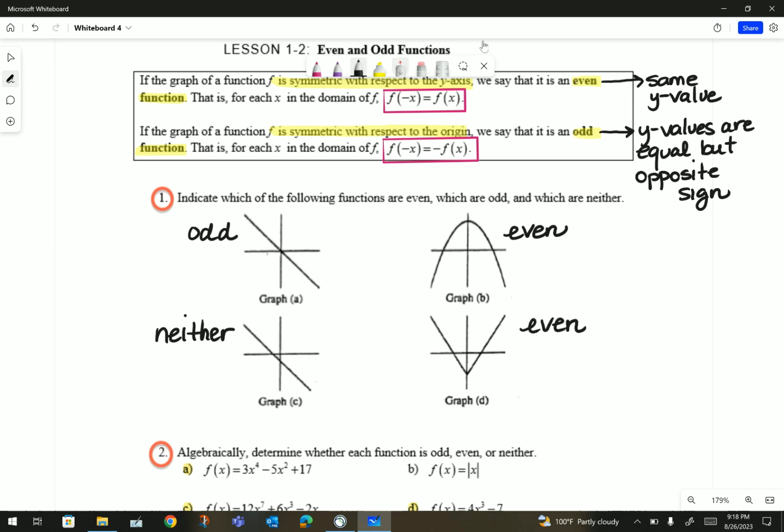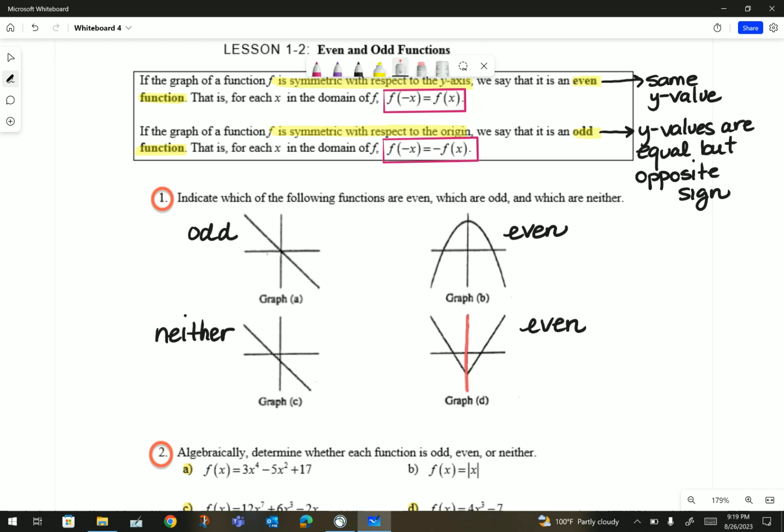What I want you to notice is, for the even functions, here's the y-axis, and about the y-axis the left side of the graph is the exact mirror image of the right side of the graph. Think of this y-axis as a place where we could fold our paper, and if we folded it, this portion of the graph would overlap that portion. That's what happens with even functions.